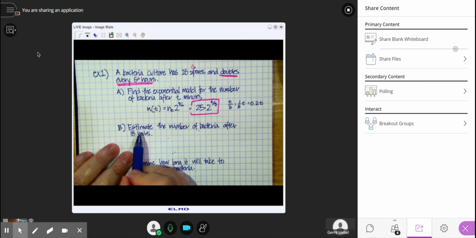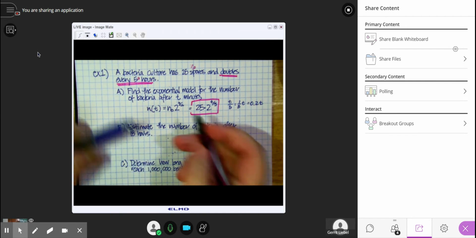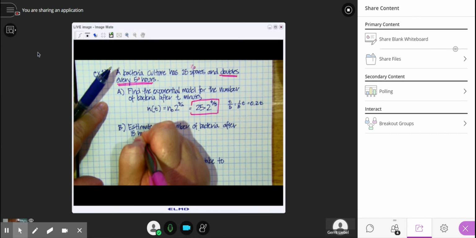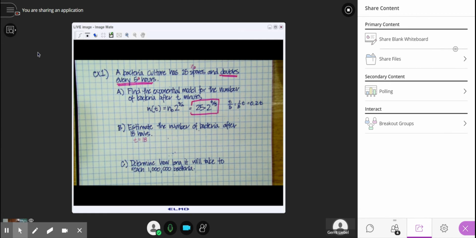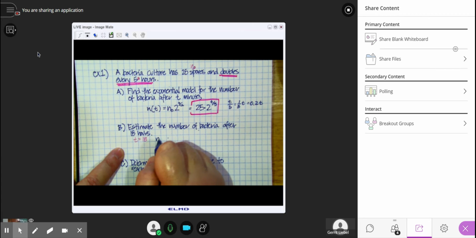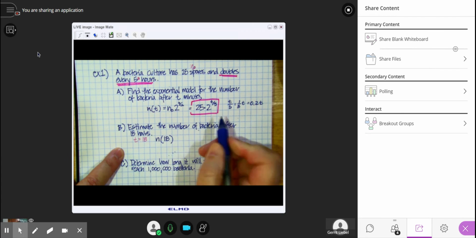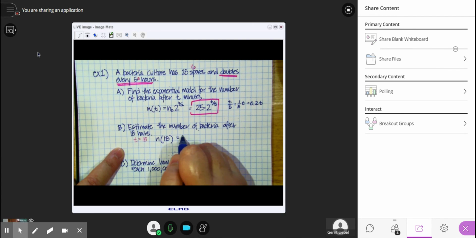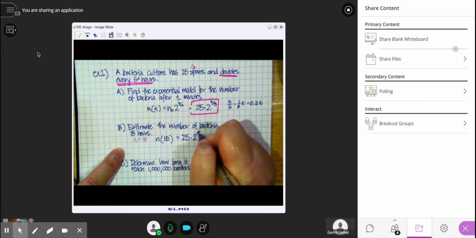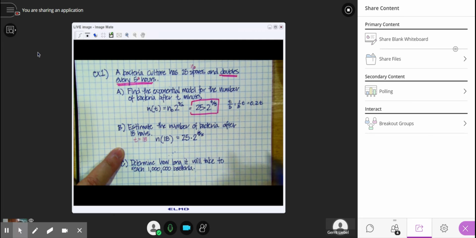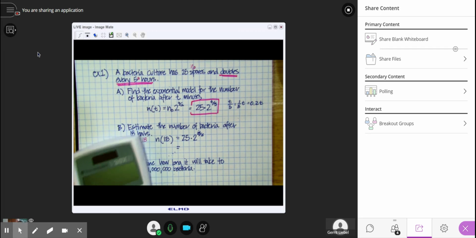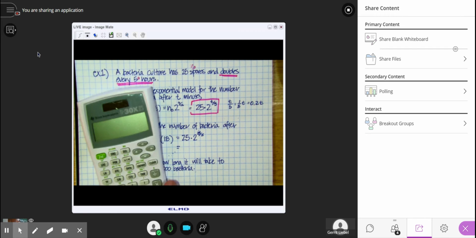Part B says to estimate the number of bacteria after 18 hours. So what they're telling you is that T is equal to 18. So N of 18 would be 25 times 2 to the 18 over 5. This is just a plug and chug.